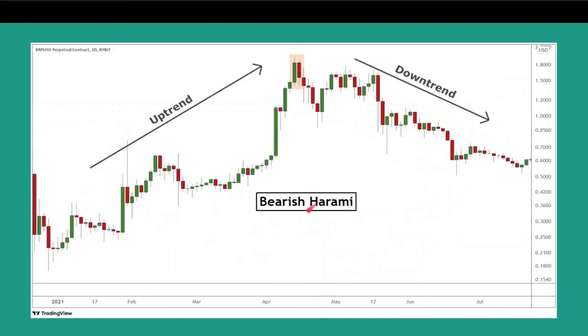Another example is about the bearish Harami, and you can see a clear uptrend, and then this bearish Harami pattern appears here. Again, this is a crypto chart. This is the Ripple chart, and after that you can see a downtrend started to go down.